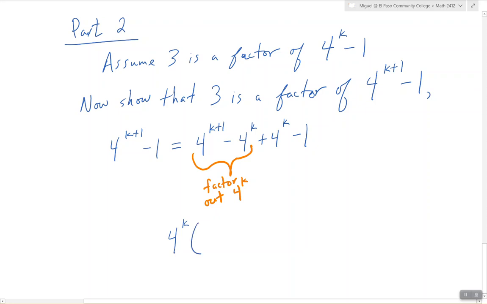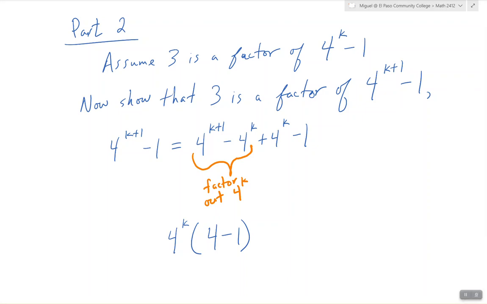Now, if I factor out 4 to the k from 4 to the k plus 1, this is just one more 4. So this would be 4 to the k times one more 4, which would give me 4 to the k plus 1. So here I would do 4. And then minus 4 to the k, to get 4 to the k would be times minus 1. So it would be 4 minus 1. And that's for that orange part there, but with the 4 to the k factored out.